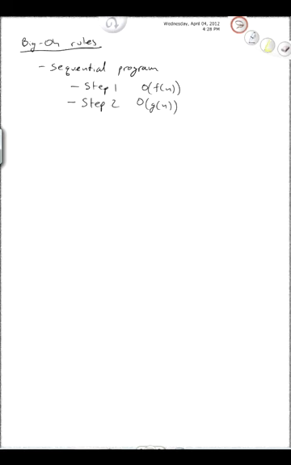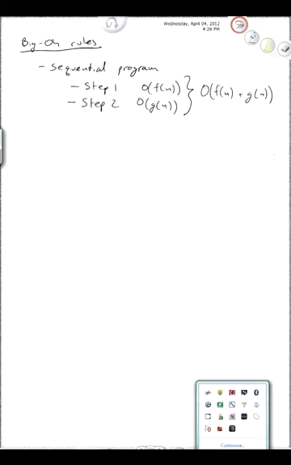Then to figure out how long both of these steps together take, I have to add the running times of the first step and the second step. So together, these would take O of f of n plus g of n time. And that really makes sense because in terms of running time, first you have to execute step 1, then you have to execute step 2.